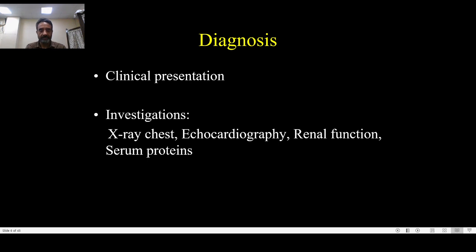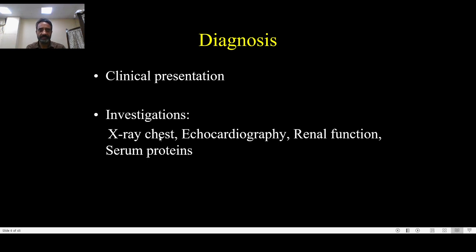This is a slow progressing disease, and as the disease progresses, these symptoms worsen. Then investigations you can order to help in diagnosis are X-ray chest, echocardiography, renal function, serum proteins.